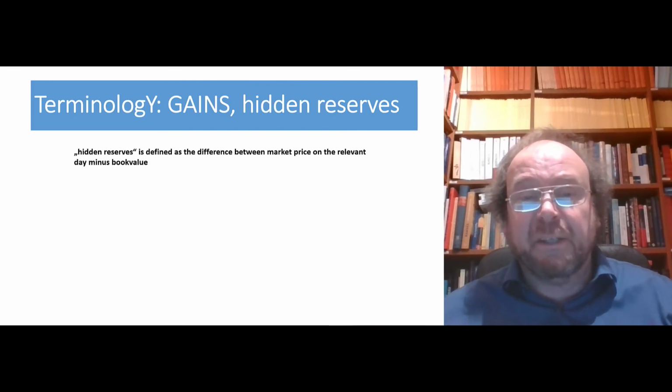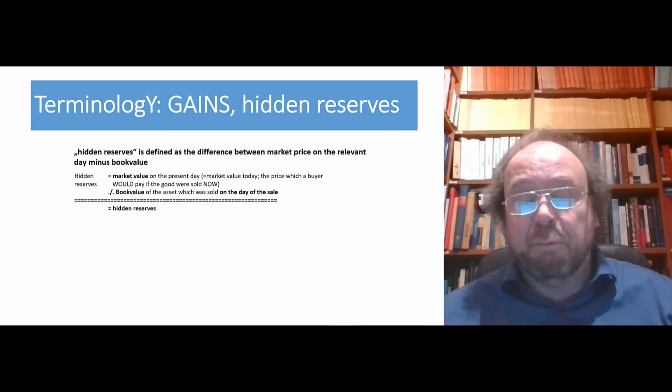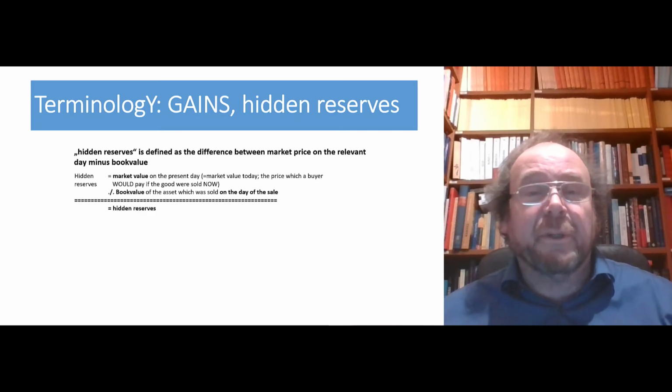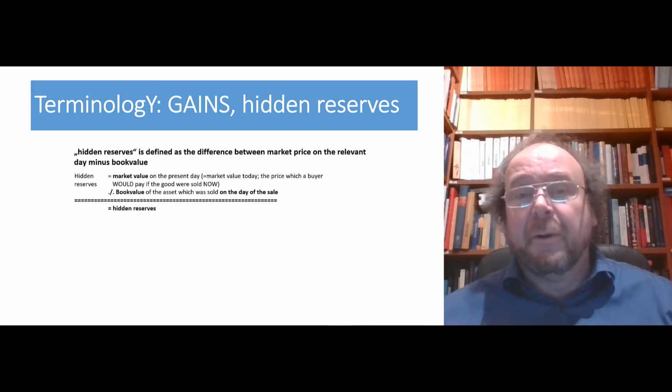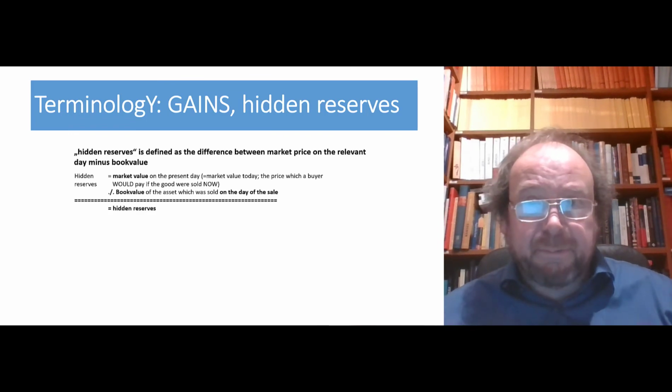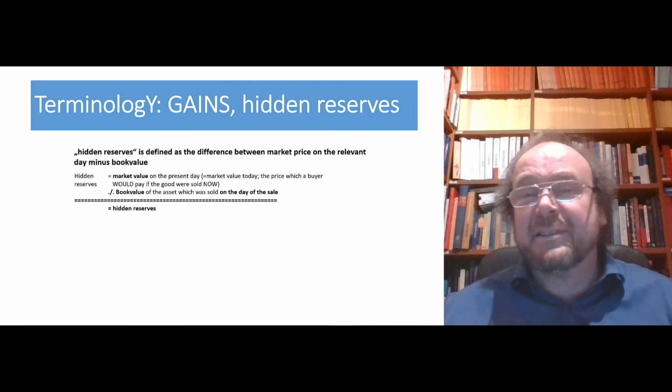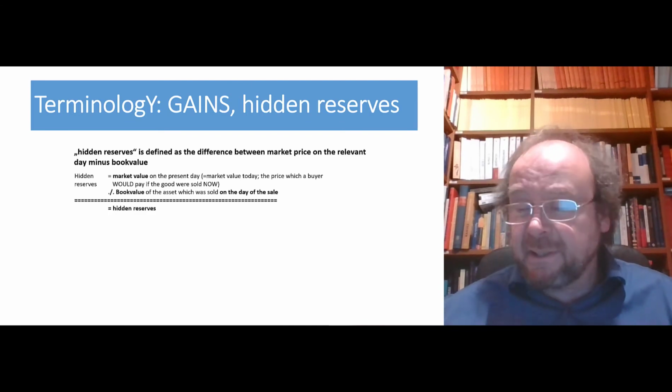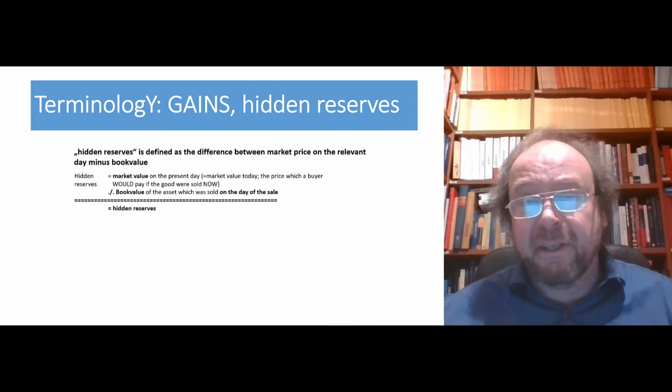So that is the gain which you could make on the day. Market value minus book value. It's called hidden reserves because in the books you only see the book value. You don't see the market value. So that is a potential gain which you could realize by selling things, but it's still hidden between the lines, and that is why you call this a hidden reserve.